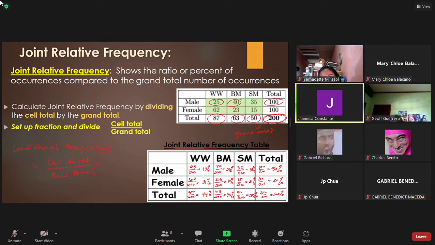Okay. Your row total is this one, what is written here is your row total. That's the difference between your conditional frequency and your joint relative frequency.